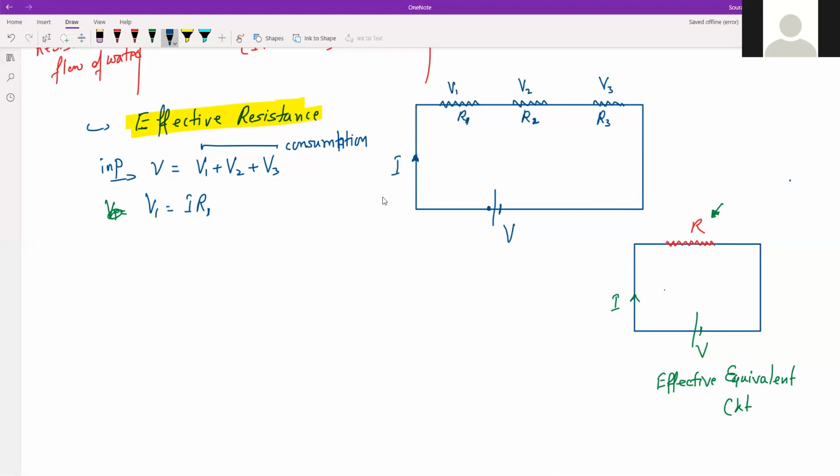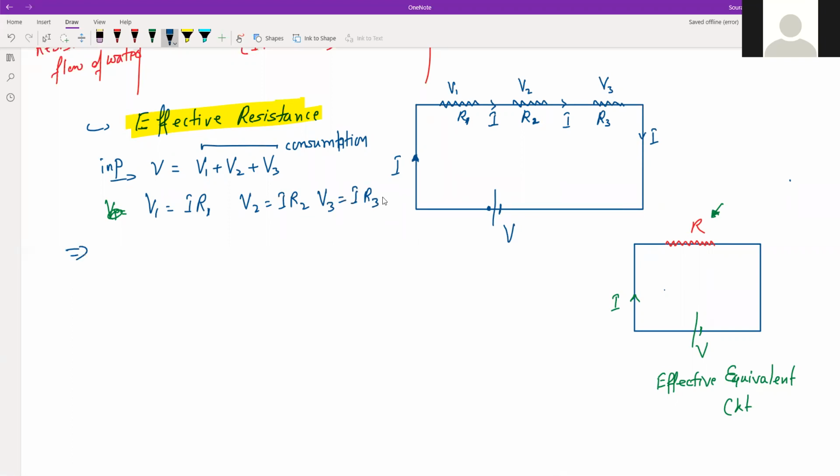Because there is no division or diversion here, the same current I will flow through all the resistors, right? That's the law of conservation of charge. There is no deviation. So V1 is equal to this, V2 is equal to I into R2, and V3 is equal to I into R3.